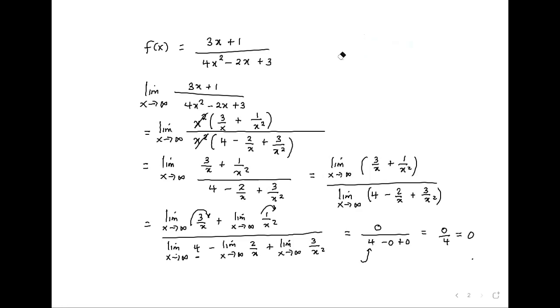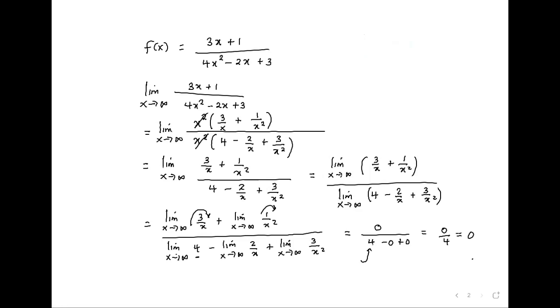Here you have said the limit as x goes to infinity is 2 over x, and the limit as x goes to infinity of 3 over x squared. So how can you use that statement where a over x is equal to 0?